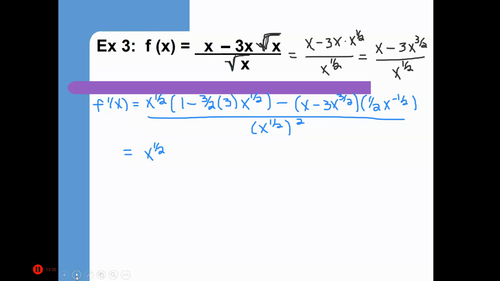Cleaning up, you get x to the 1/2 minus 9/2 x, because 1/2 plus 1/2 is 1. Minus 1/2 x times x to the negative 1/2 is like 1 minus 1/2, so you get a 1/2.